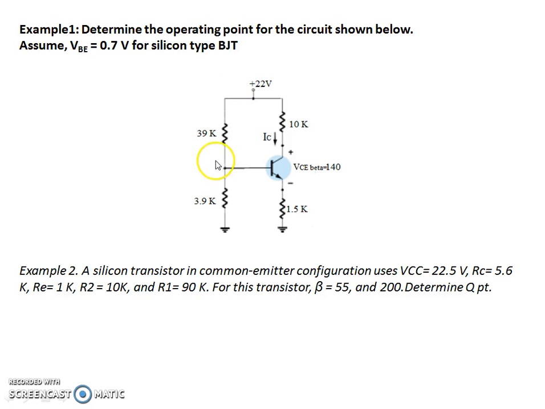Here R1 is given as 39K, R2 is given as 3.9K, RC is 10K, and RE is 1.5K.